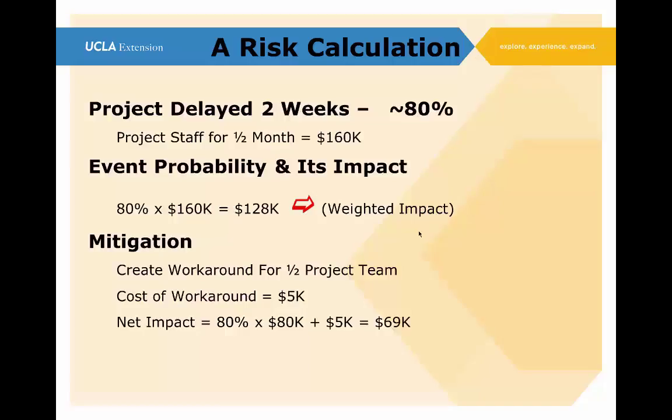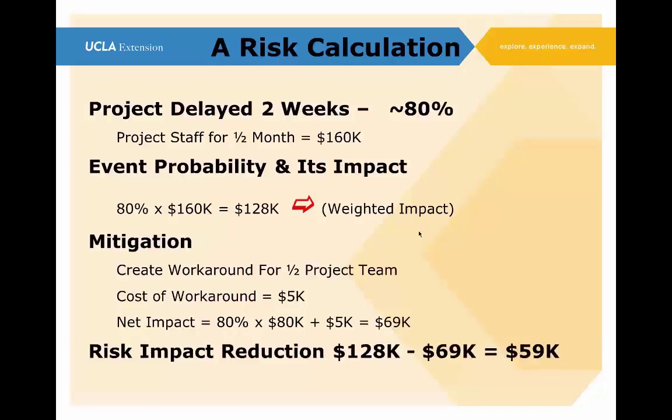If we don't spend that $5,000, we don't create the workaround, and we're not going to be able to have half the project team keep working. So our net impact is 80% times 80,000 plus $5,000, or $69,000.